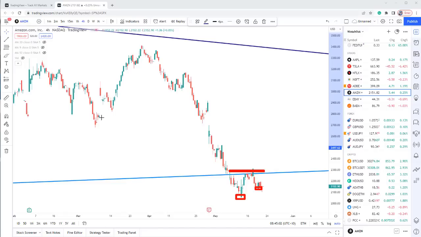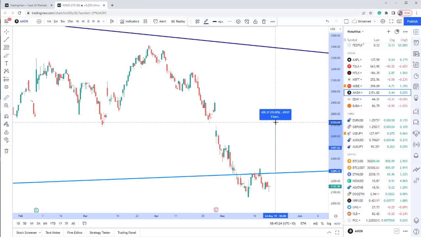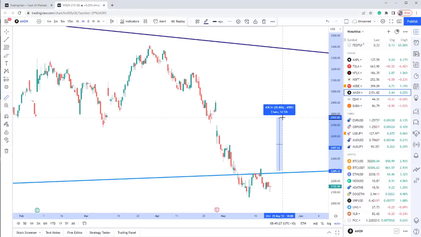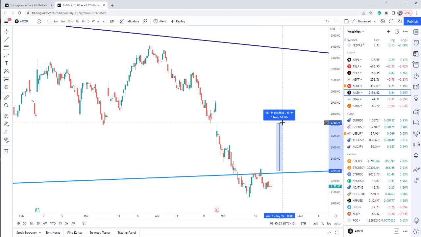2,300 level, then it does look like we could start to see a move back up with Amazon around that sort of 2,800 level. So again, that doesn't look like much, but that's around a 20% move in Amazon. And when you're using options, that could be anywhere from 100 to 200% return, depending on the volatility of that move.